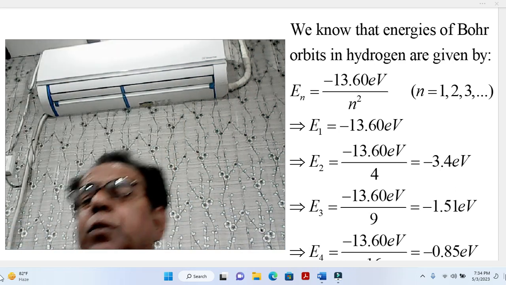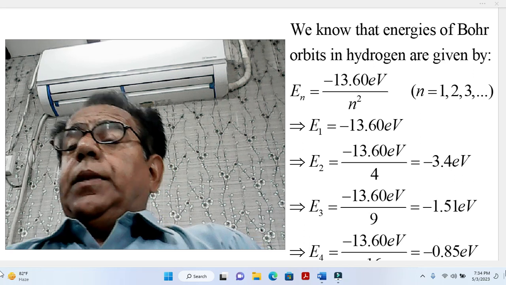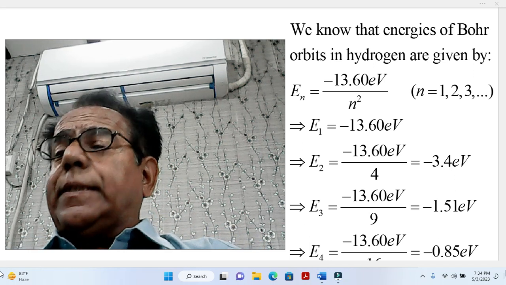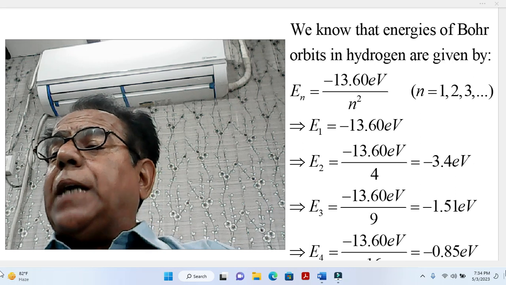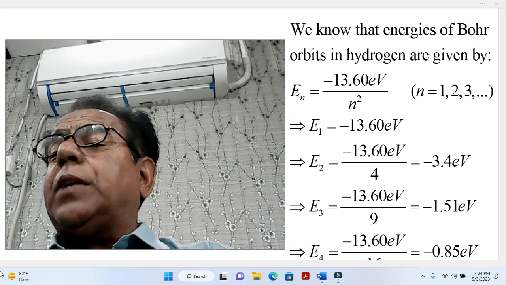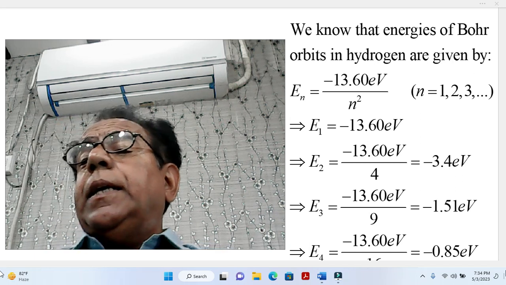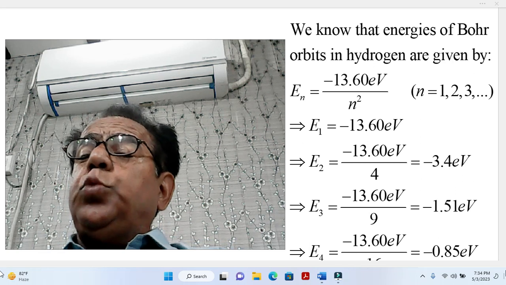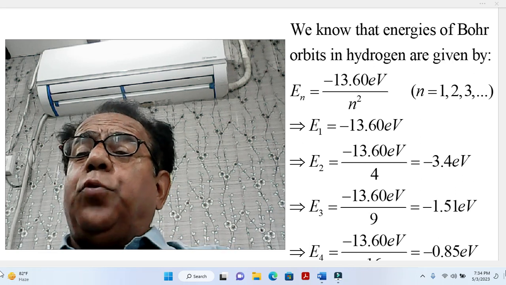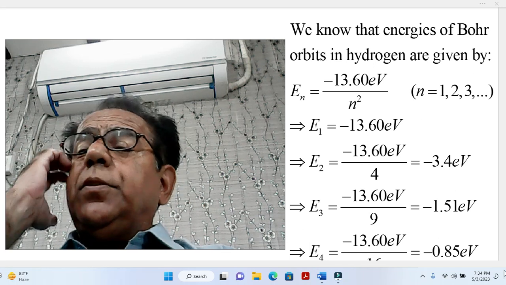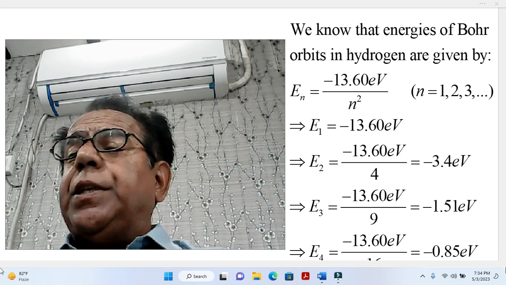Okay, E1 has become equal to minus 13.60, while E2 has become minus 3.4 electron volt, because in E2 n is equal to 2 and 2 square is 4 and 4 is in the denominator, so E2 is the fourth part of E1.